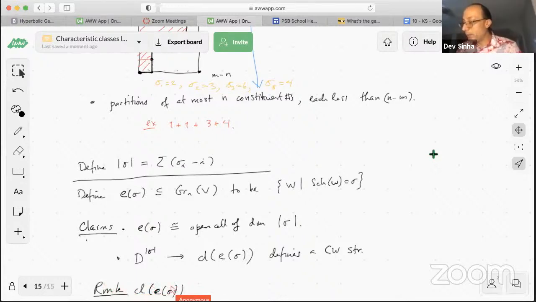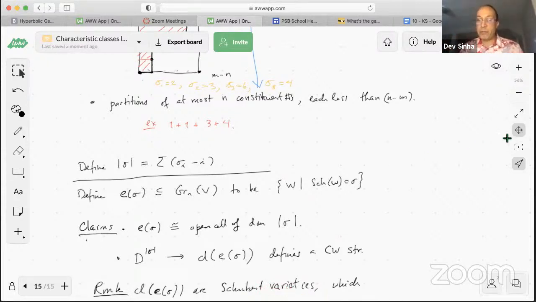These closures are called Schubert varieties, which we'll see, which have singularities, but with canonical, or at least straightforward, I'll say, with some pretty standard ways you'll want to resolve those singularities.